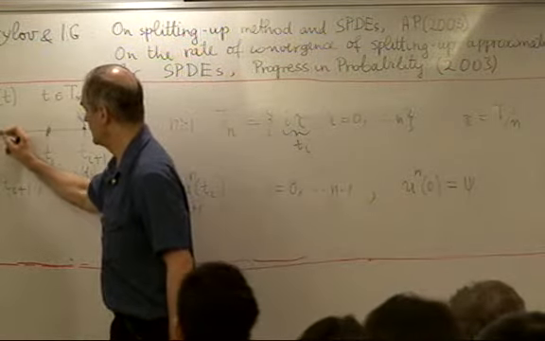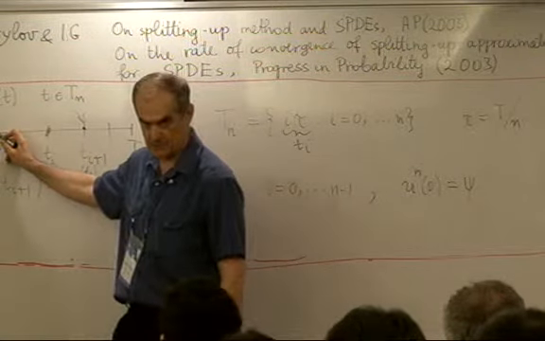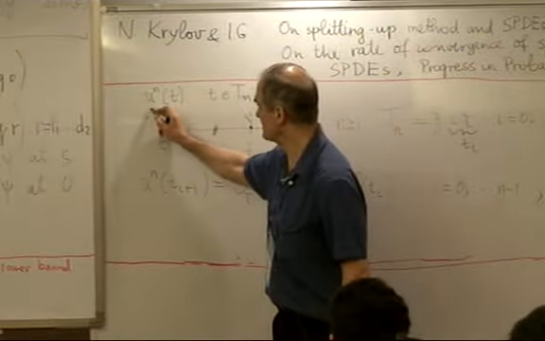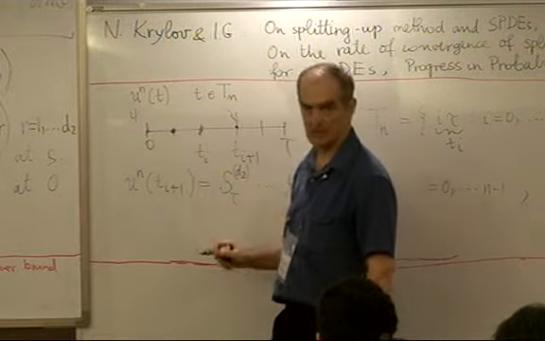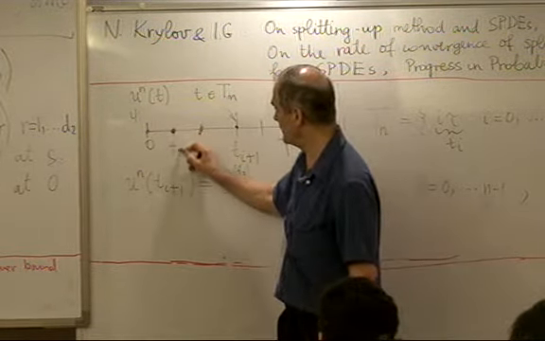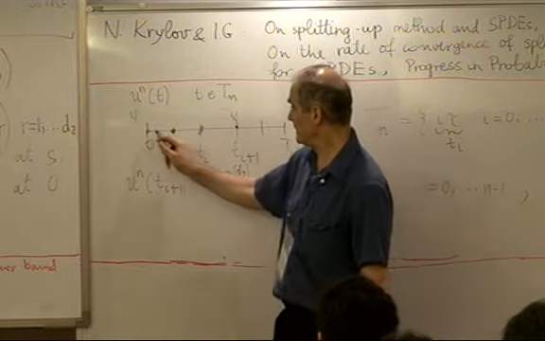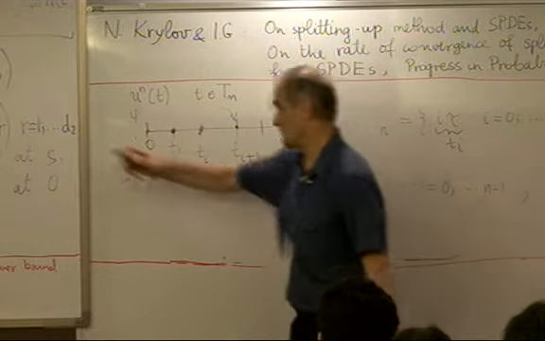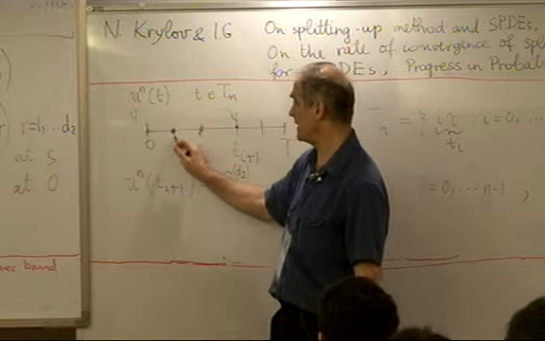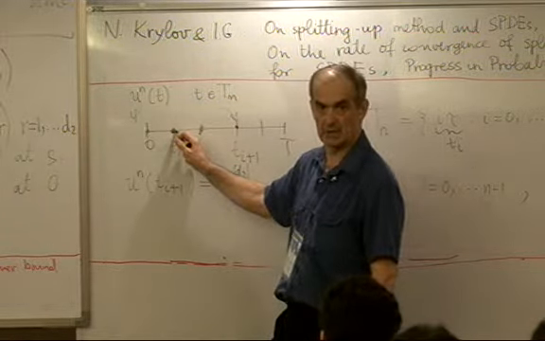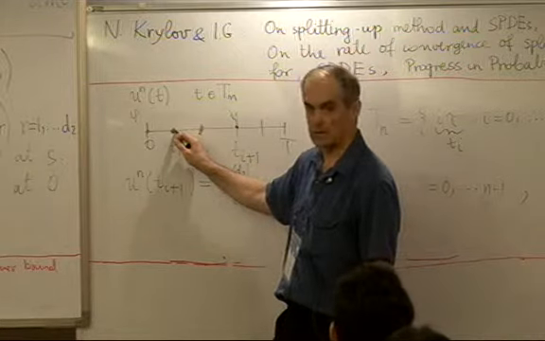So once again, we start from 0, initial condition, so with psi. Then in order to get our approximation at the point T1, we solve first, let's say, the 0 equation with initial condition psi, and we arrive at time T1.